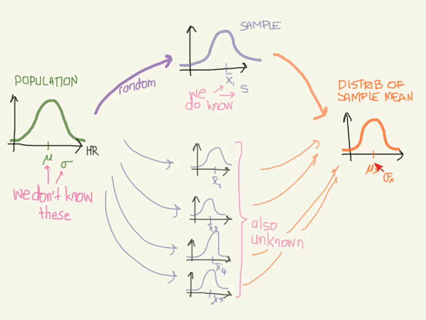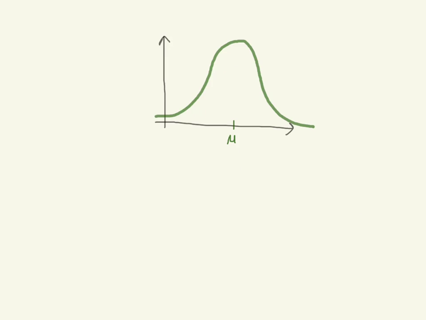And it would have its mean, mu sub x bar, and its standard deviation, sigma sub x bar, as we talked about in the previous videos. Now these also, because we're not doing all these many trials, which may be an infinite number of trials or just a huge number, we're not going to know these either. So there is a lot we don't know and a lot we're going to need to estimate. So let's take a look at our population distribution. I've redrawn that here, and I've put our mean over here, mu.